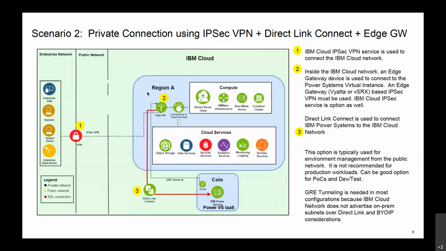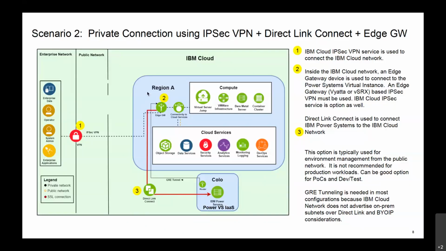Now we have a bit of the same challenge that we did before, which is just because we have a secure tunnel from the on-premise environment, it doesn't necessarily mean that traffic from all those systems on-premise, those subnets, is automatically routed into Power Virtual Server. For that, we're going to need an edge router or an edge gateway.